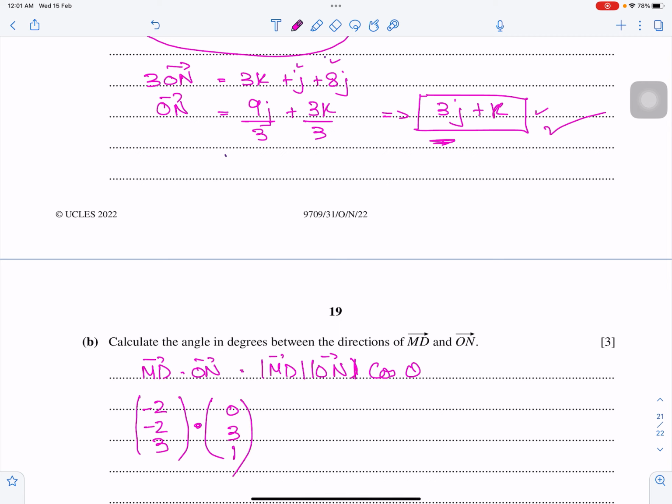So now modulus, you know what to do. I will square each one of them. -2 squared is 4, this -2 is 4 and this 3 is 9. Now I will take modulus of ON. 0 squared is 0, 3 squared is 9 and 1 squared is 1.